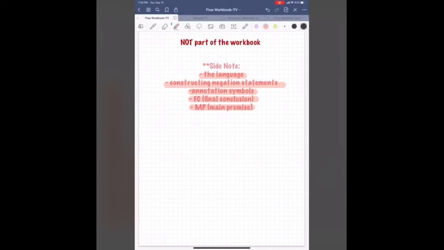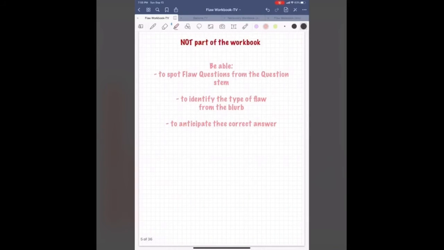Okay, let's flip to the next page. This is what you are learning to do and practicing for via this workbook: to be able to spot flaw questions from the question stem, be able to identify the type of flaw from the blurb, and to be able to anticipate the right answer choice.